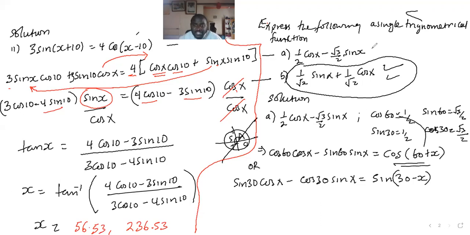Unless the question is set in this form and they tell you, for example, it is equal to 0.5 or is equal to 1, then you first express it in this form, then you get the cos inverse or the sine inverse. But if the question has no equal sign, it's just an expression, you express it as simply as possible and you stop there, because they say express as a single trigonometrical function.